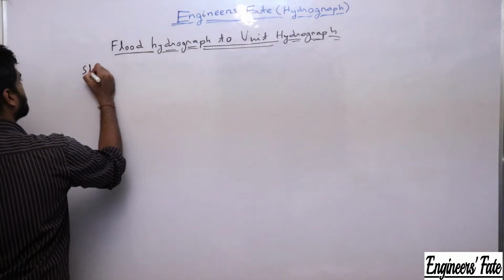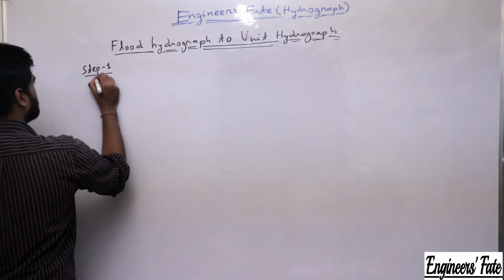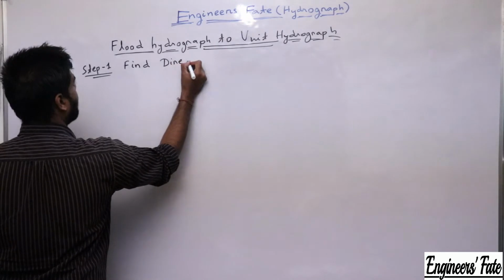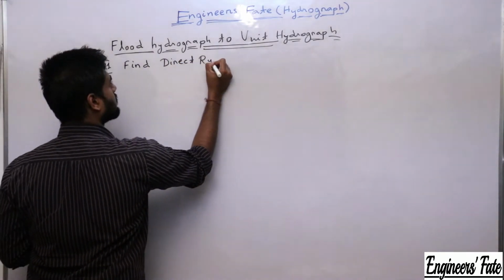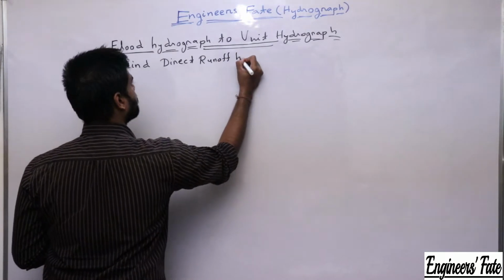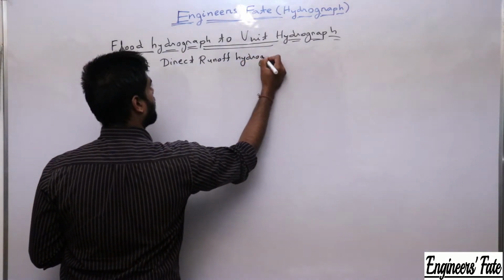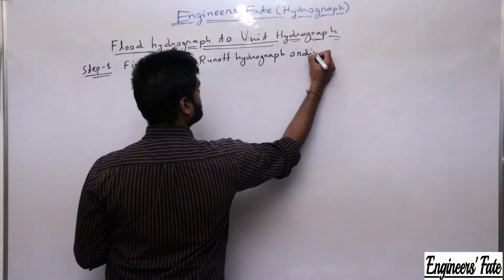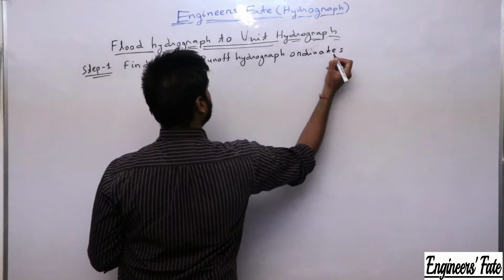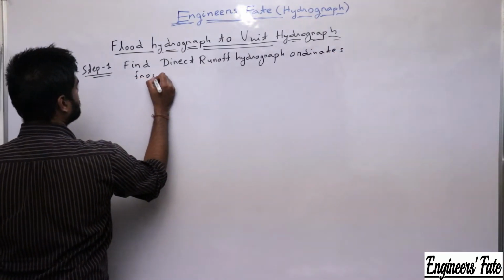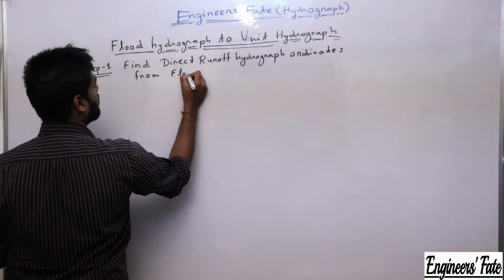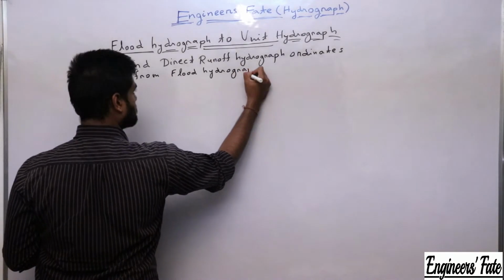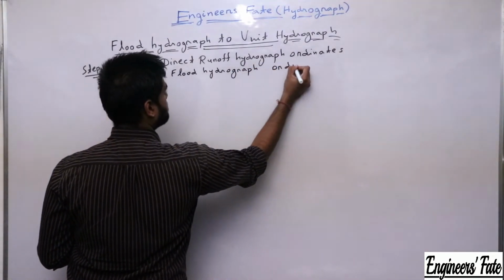So step 1 is: find direct runoff hydrograph ordinates from flood hydrograph ordinates.